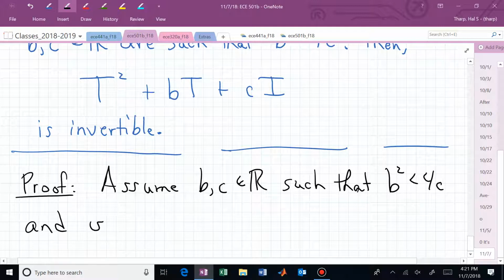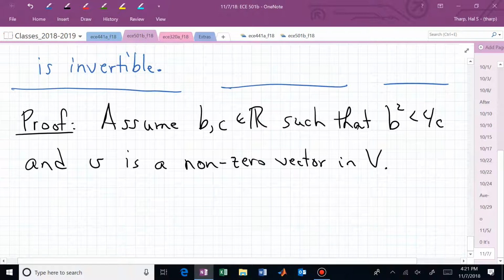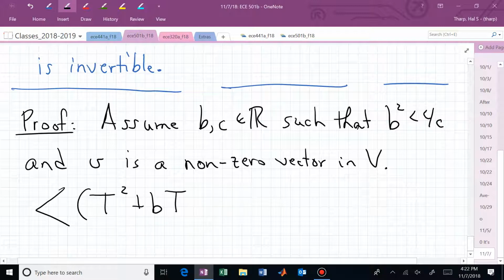And we'll just take a vector V to be non-zero. We have a non-zero vector arbitrary in our vector space V, and two real numbers B and C such that B squared is less than 4C. And now let's look at the inner product of T squared plus BT plus CI applied to this vector V, inner product with V.